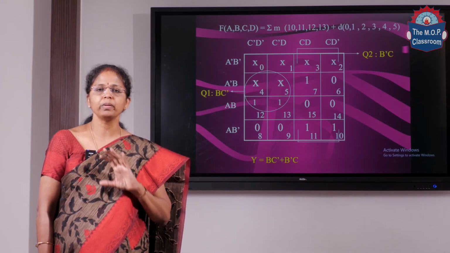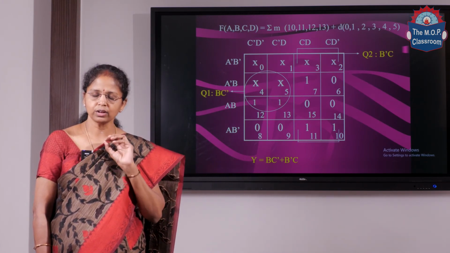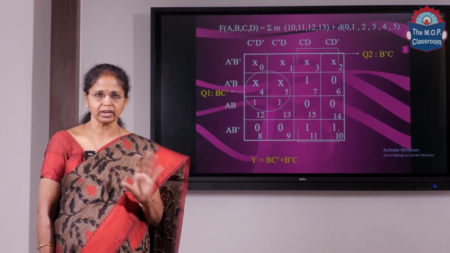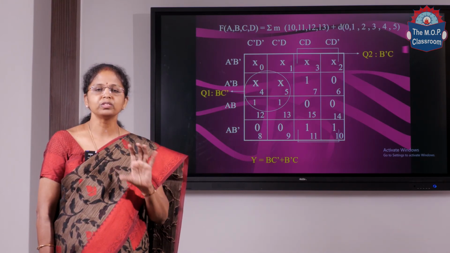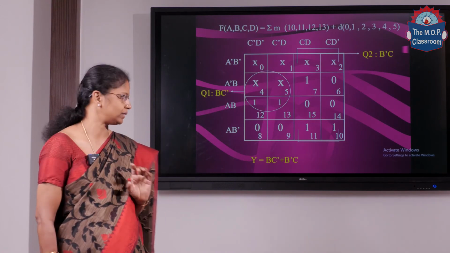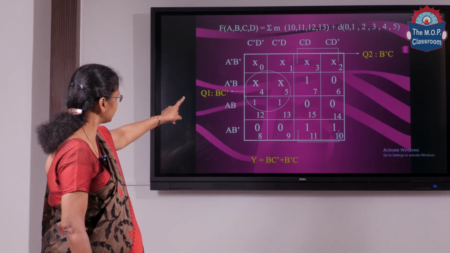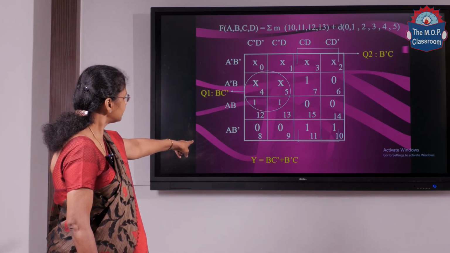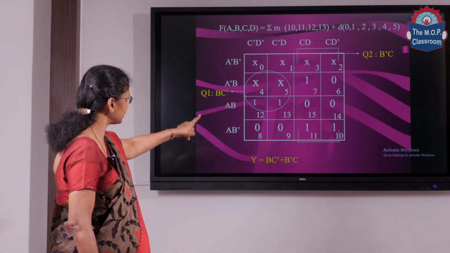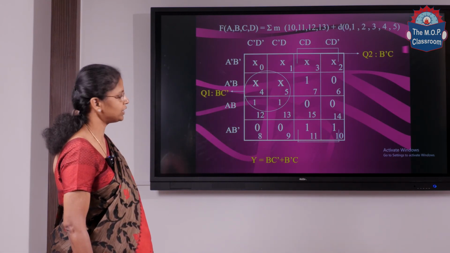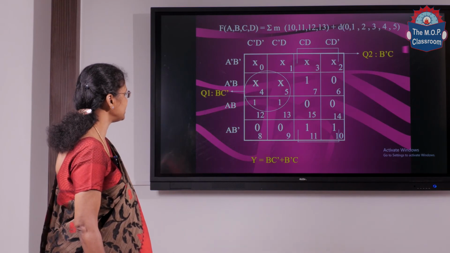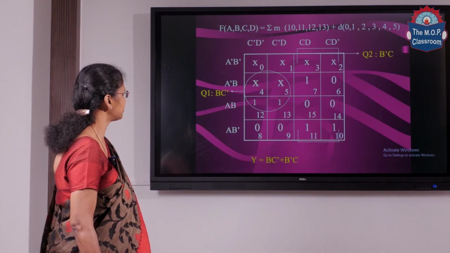Similarly, any grouping with only zeros, or even with a 0 in it, is not allowed. It should be groups formed with adjacent ones. So, after simplifying, we get a simplified Boolean expression for each of the quads: y is equal to bc prime plus b prime c.